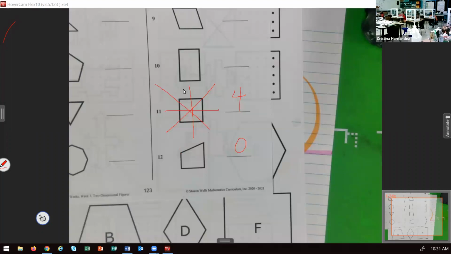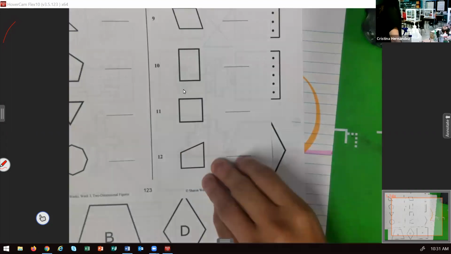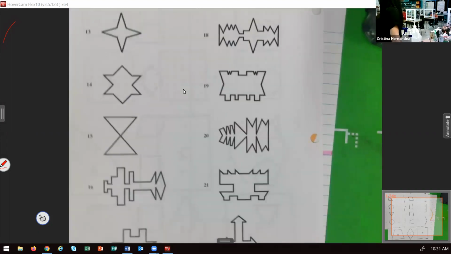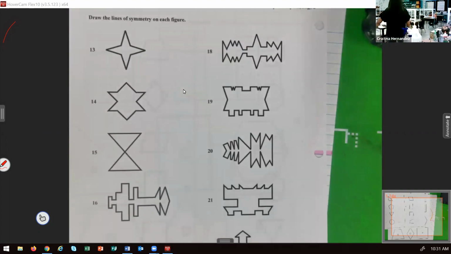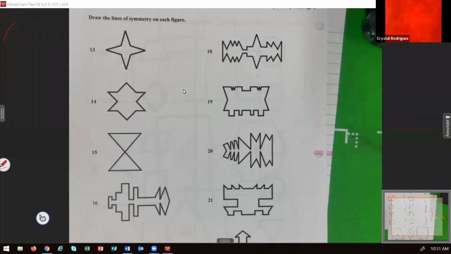Let's go to the back side. Maybe we'll finish that. Let's look what time it is. 80 million years. What the? 124. We're doing lines of symmetry again. It's too much. Jacob, what was 12?